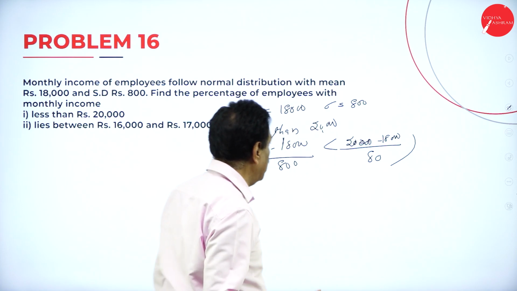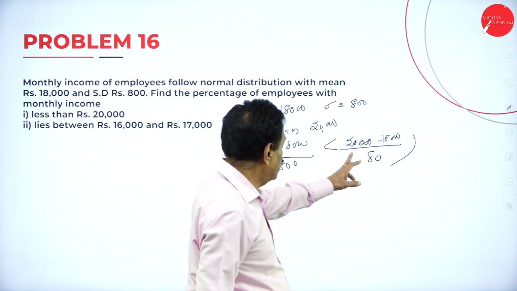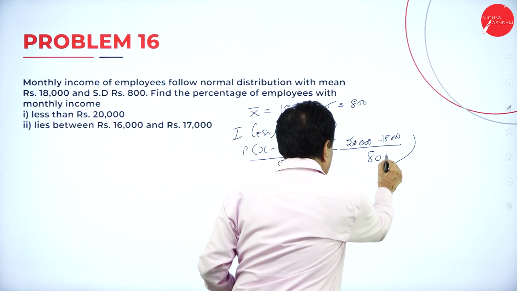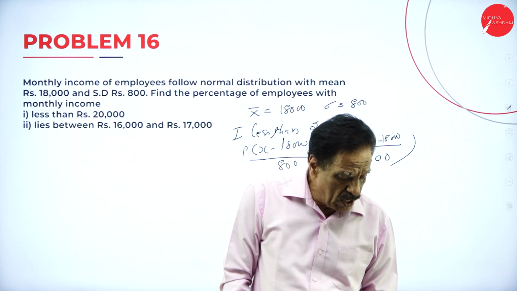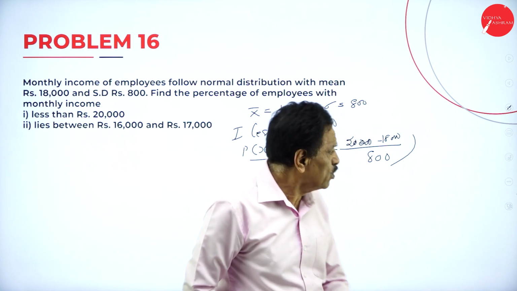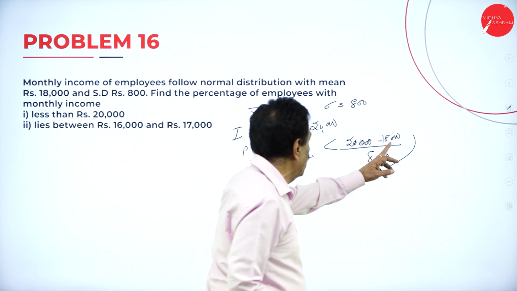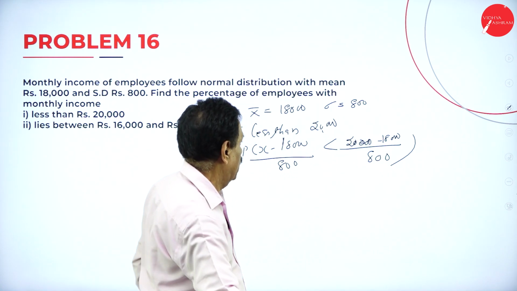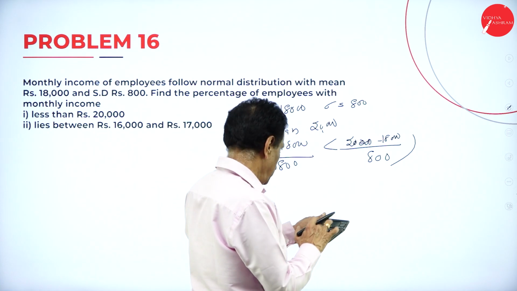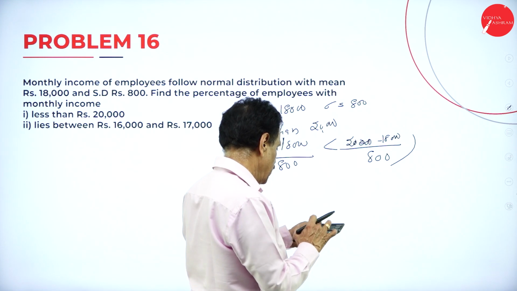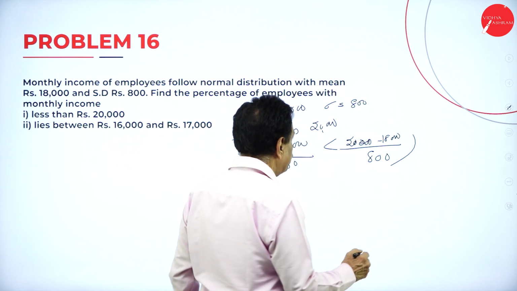So it will come as P. 20,000 minus 18,000 is 2,000, divided by 800, which is 2.5.